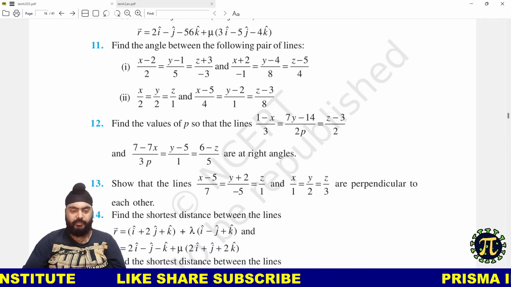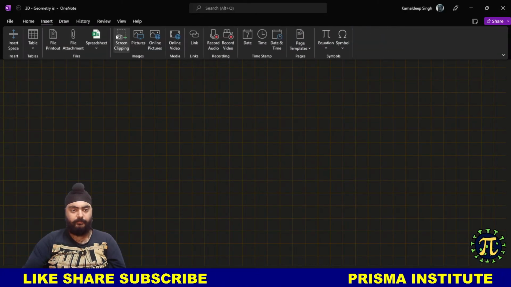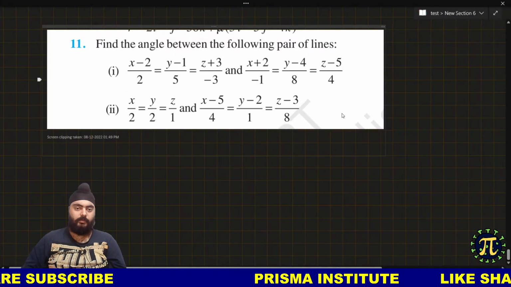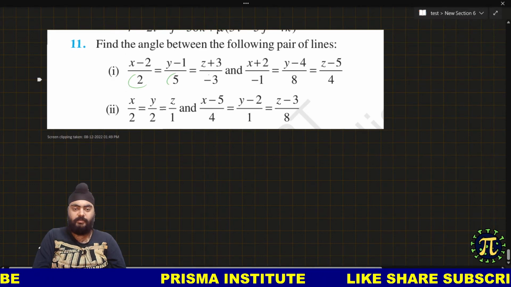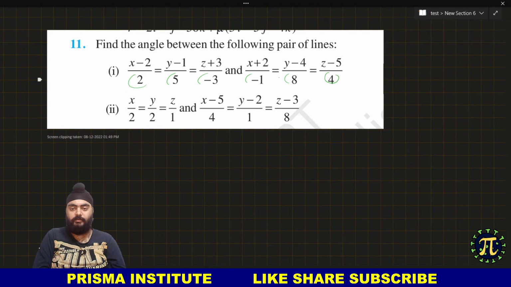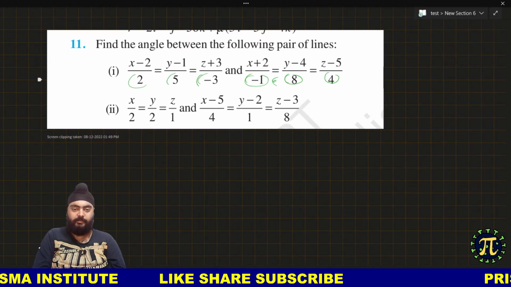Find angle between these two lines. So 11th. यहाँ पे b1 and b2 vector can be noted down from the denominator, right? These numbers a, b, c and a1 b1 c1 and a2 b2 c2, right? So these numbers represent the direction of line 1 and line 2.